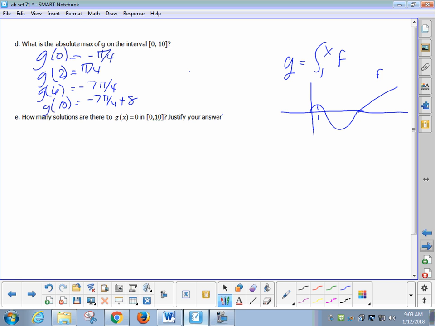What must it have gone through? 0. It had to have been 0 in here. Then it went from positive to negative. What must it have been? 0 in there. Now, I know this is ugly, but it's not too hard to think a little bit. Calculator dependence be darned. What is this, roughly? Roughly. This part.